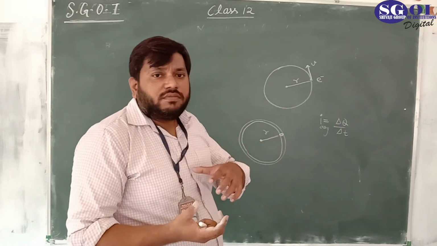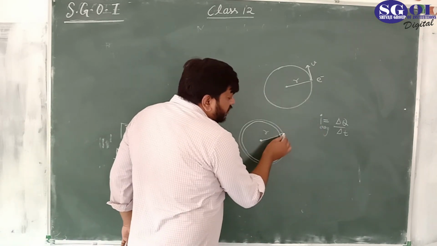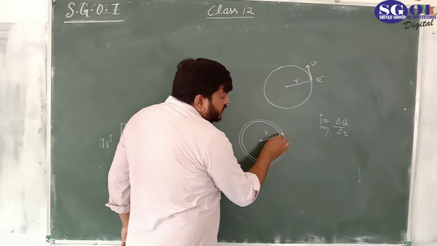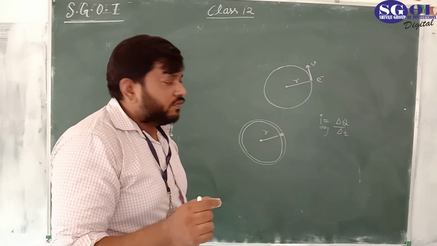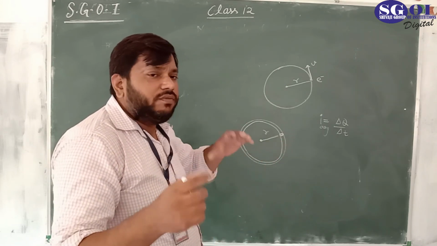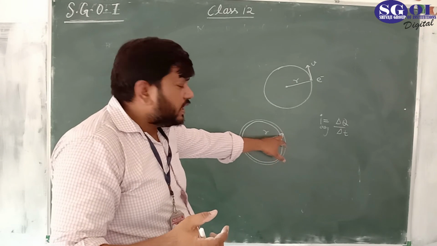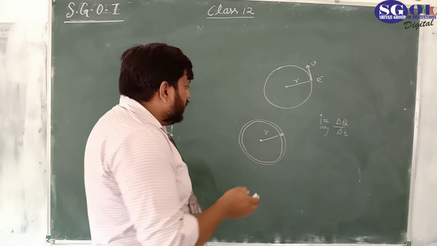According to the current definition, from this particular cross section, how much charge is passing? First answer this question. In which time interval is this electron passing from this surface?